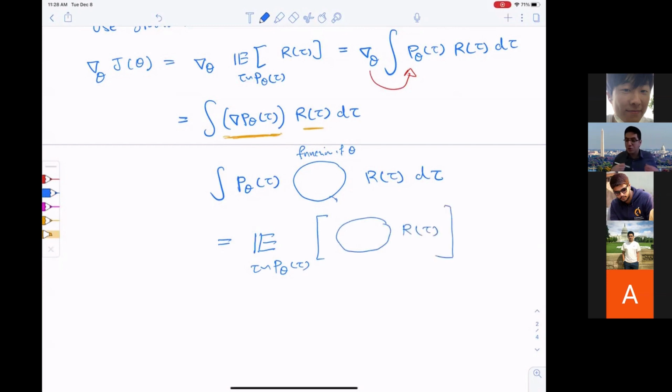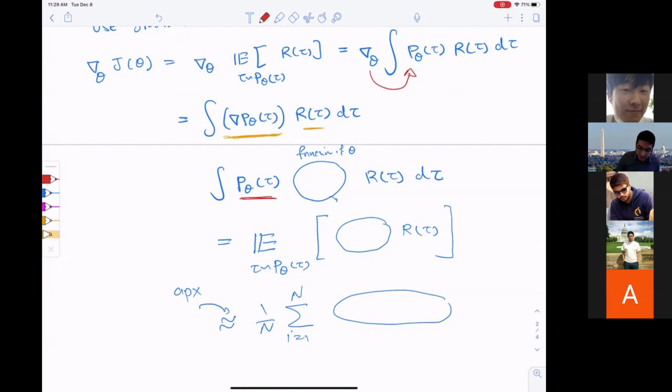And then I could generate some random samples from this expectation. So this would be my approximation. I would maybe generate n samples and then approximate this expectation with n samples, right? But the issue here is that I don't have p theta of tau outside of the gradient. So that's the problem here.